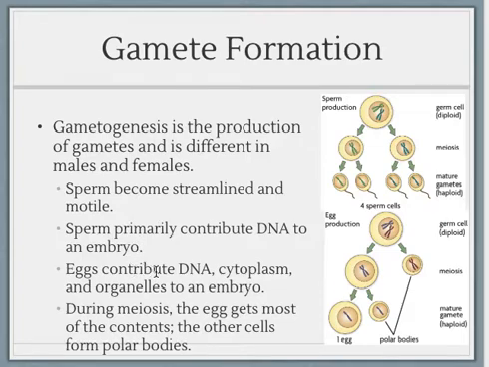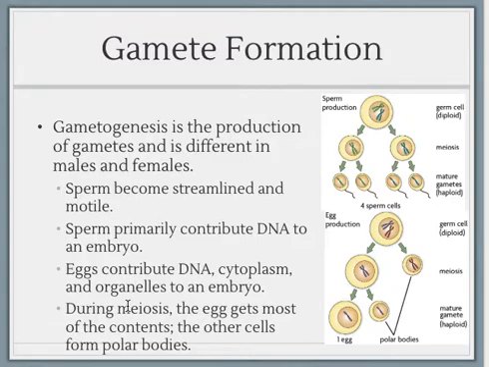Eggs, however, as you might imagine, also contribute DNA. Again, mom gives half, dad gives half, but the egg also provides some cytoplasm and some organelles to the resulting embryo. Kind of makes sense. It's called an egg after all.